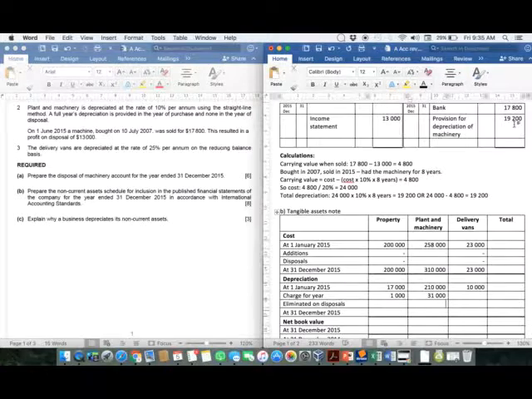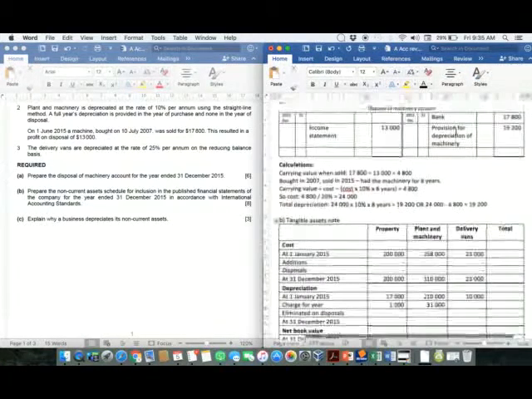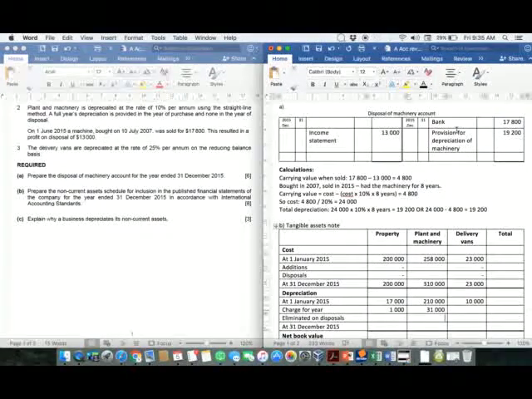I want to eliminate it from my provision account, which is why you can see I've actually, by putting it into my disposal account, I am making it leave the provision account. So over here in my tangible assets note, I need to eliminate that depreciation over here. So the elimination of the depreciation on the disposals is going to be used as part of this calculation.